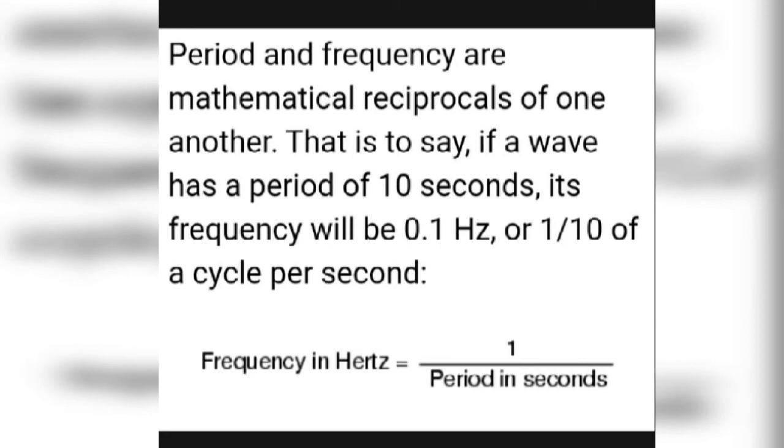That is to say, if the wave has a period of 10 seconds, its frequency will be 0.1 Hz, or hertz, which is 1 upon 10 cycles per period. Frequency in hertz equals 1 upon the period in seconds, or time period.